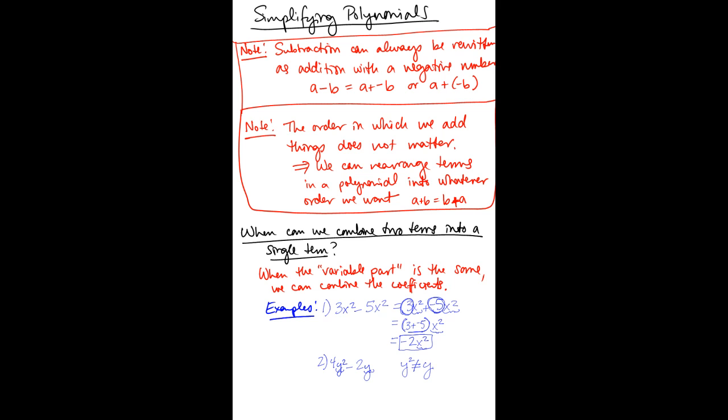They're not equal. So because these are not equal, these are not what we call like terms. In other words, they don't have the same variable part. The variable parts are different.